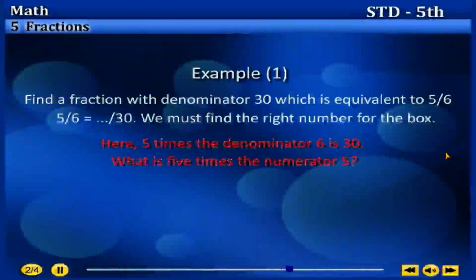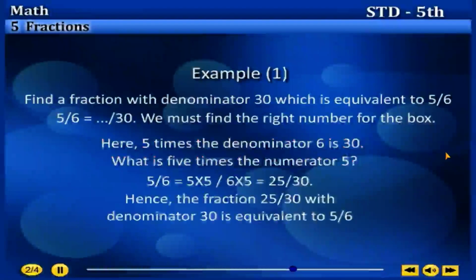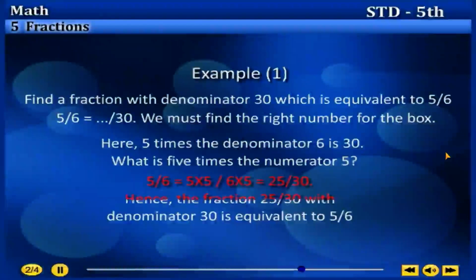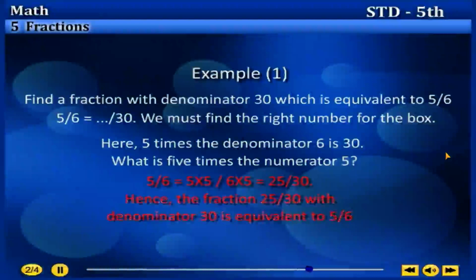What is 5 times the numerator 5? 5/6 equals 5 into 5 by 6 into 5 equals 25/30. Hence, the fraction 25/30 with denominator 30 is equivalent to 5/6.